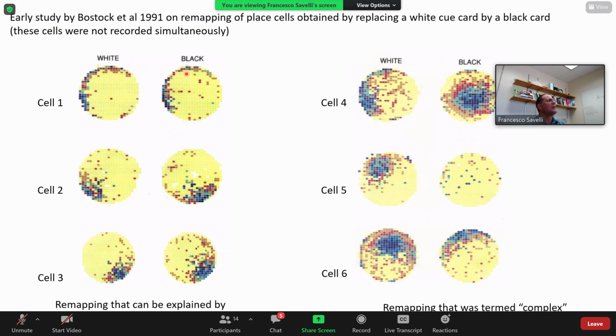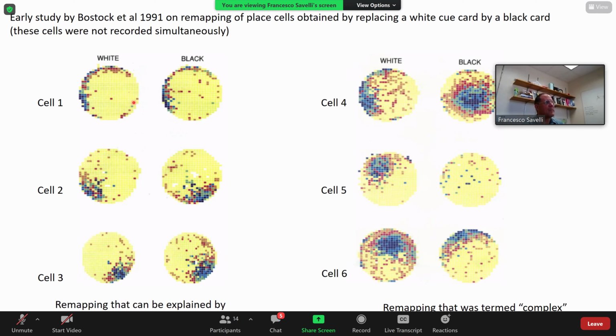And what happens to place cells in those two sessions? So let's see, cell one. All right, cell one, white here, black here, looks like the same. Notice that the color code here is different. This was in the early days, every researcher was using their own color code. So it's kind of a little confusing.